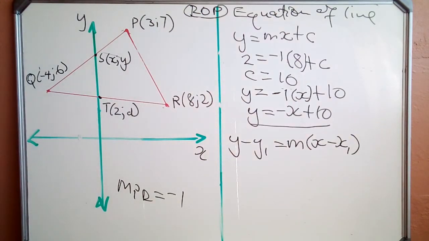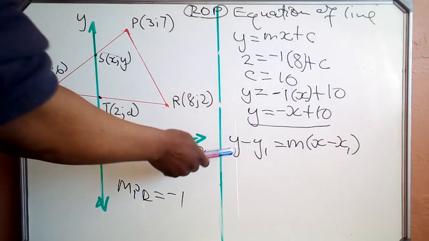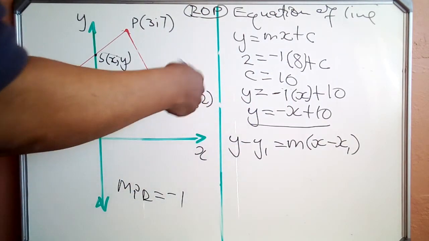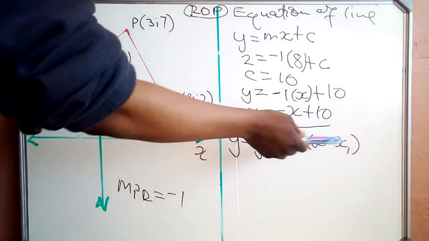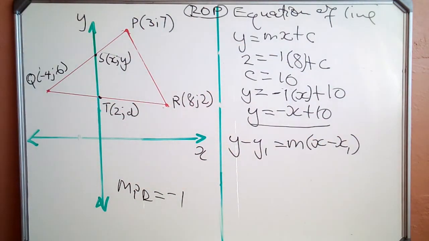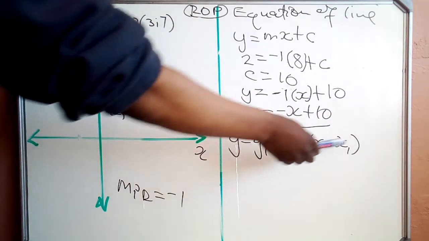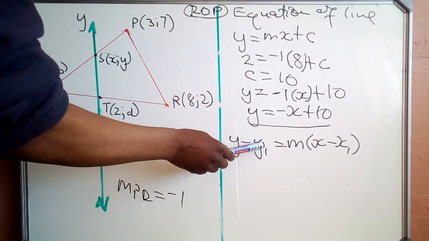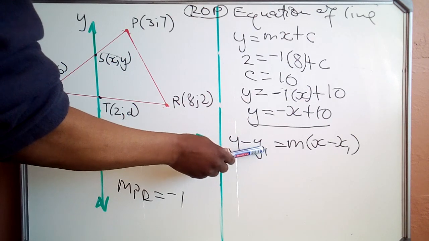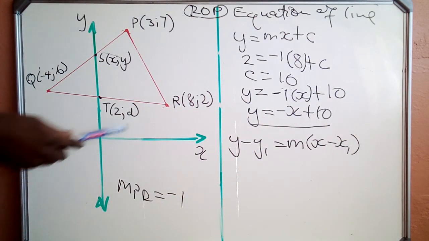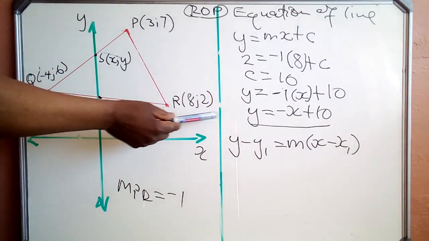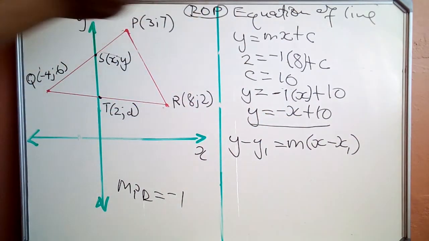If you want, you can put 1 and 2, but it's still the same. You can put y0, x0, it's still the same. Just to say that we're going to use the same coordinates, so the y here will correspond with our x. We used this one. Let us see whether it will give us the same answer.